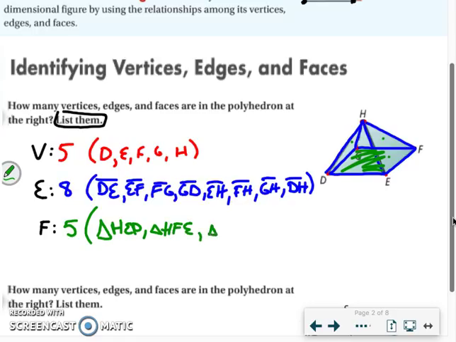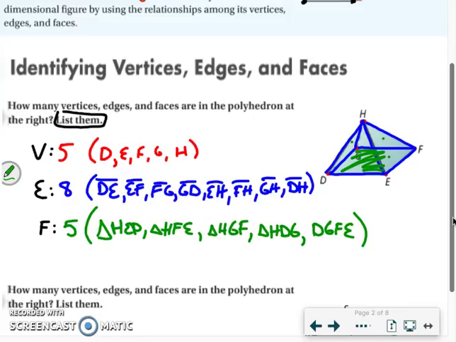We have triangle HGF, which would be like the back. And we have triangle, what did I miss? The left-hand side, so we could call it HDG. And those letters can be different. And then on the bottom we have a square. We could call it D, G, F, E, or some other ordering of those letters.